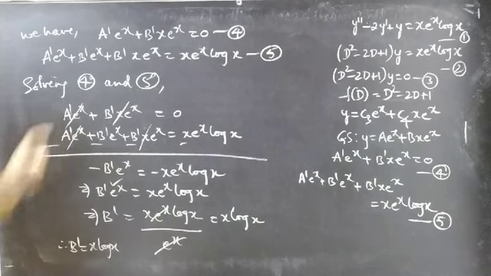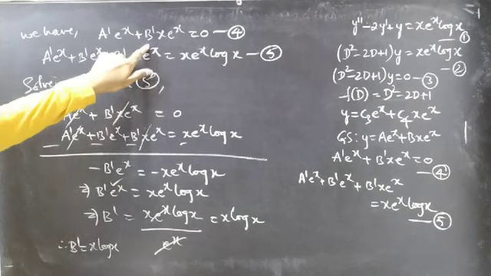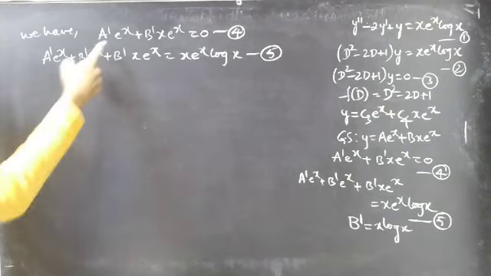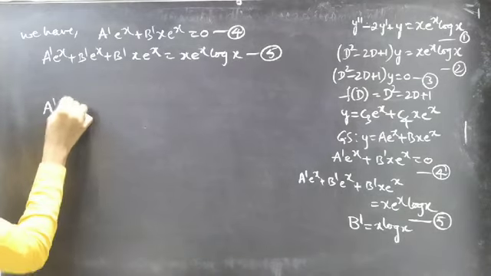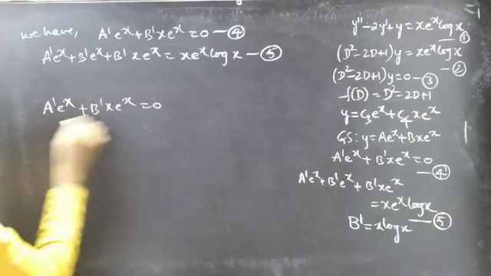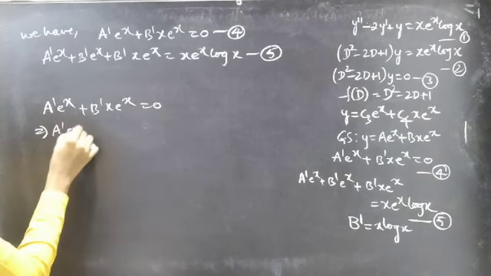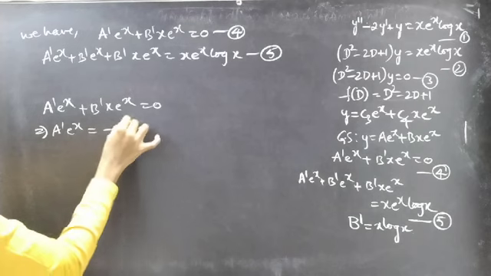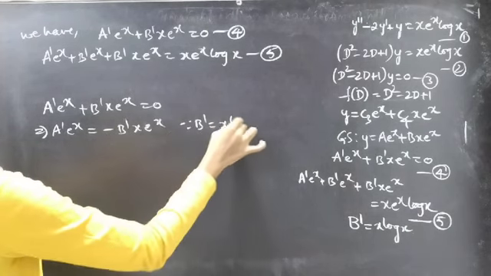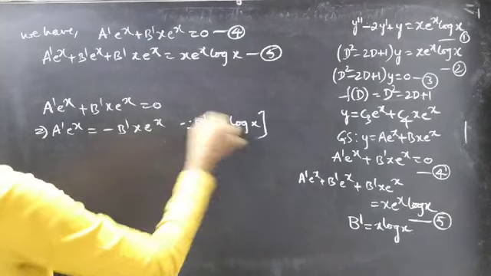Now let's substitute b dash in equation 4 so that we get a dash. We have equation 4: a dash e power x plus b dash x e power x equals 0. We can write this as a dash e power x equals minus b dash x e power x. Since b dash equals x log x, let's substitute b dash here.